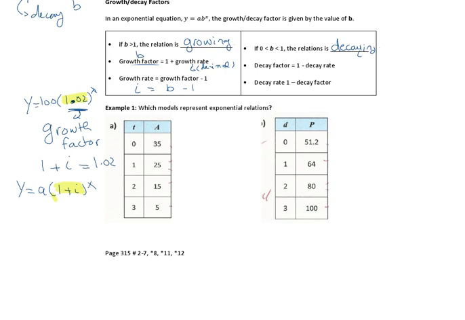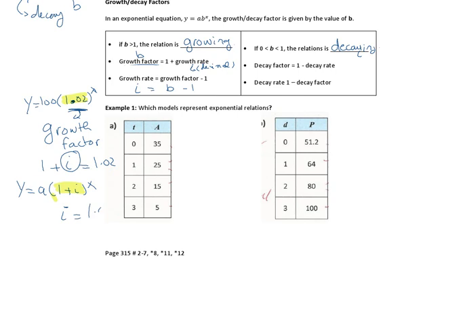Now the question is asking, let's say, what is your growth rate? The growth rate is the I. It's the percentage that your thing is growing by. So to solve for I, I need to isolate it. I need to bring the 1 over, so I equals 1.02 minus 1.